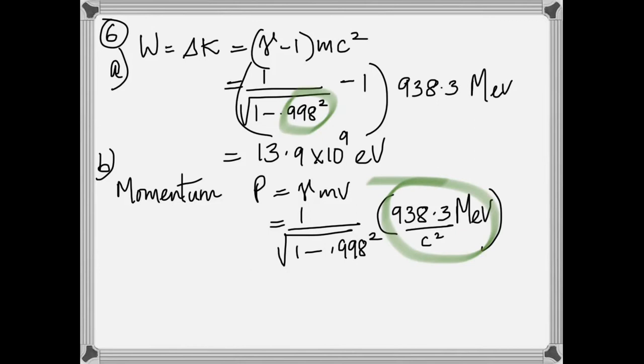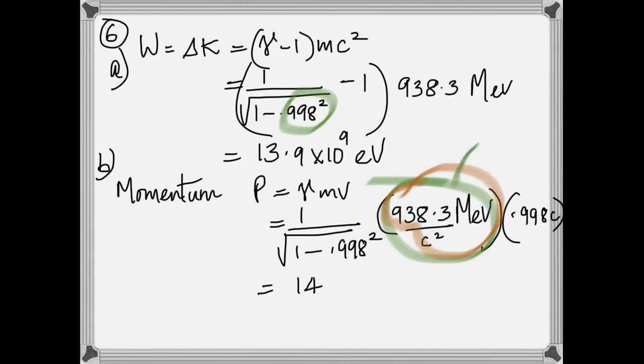You see, E is mc squared, therefore the mass could be written that way. It's written as 938.3 by c squared, that's the mass, times 0.998 c, gives you the momentum.